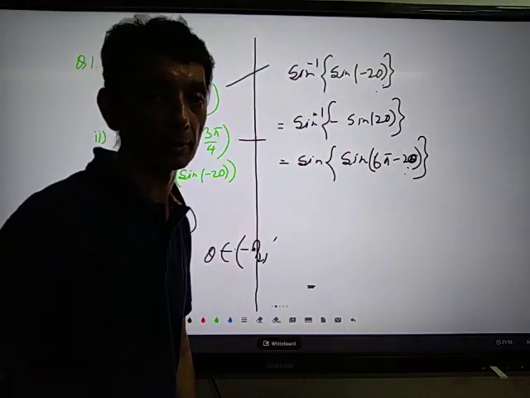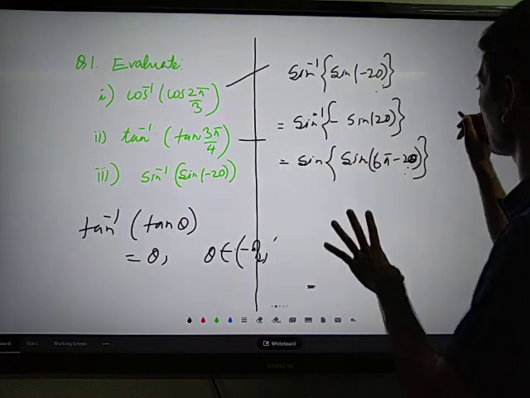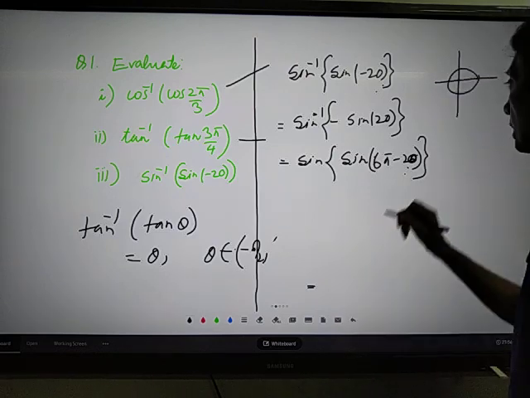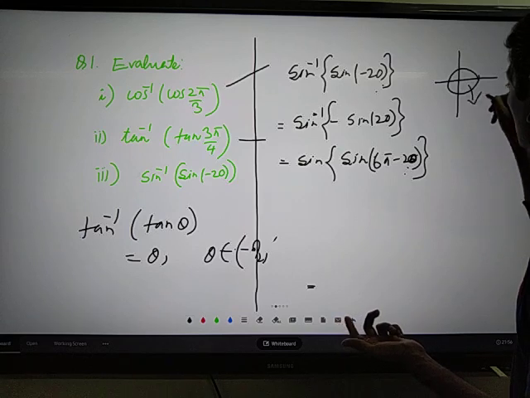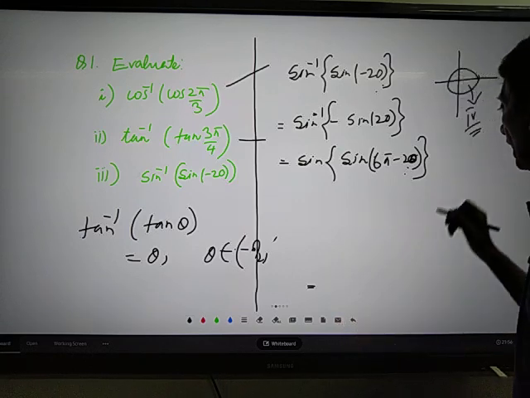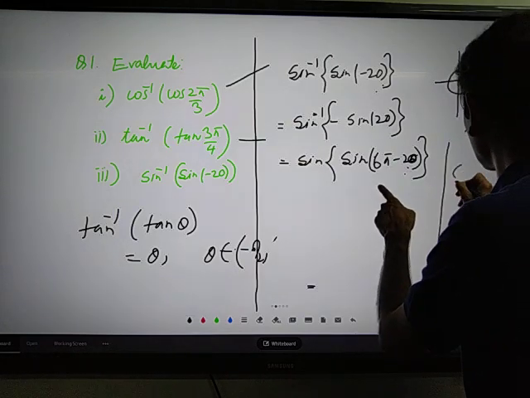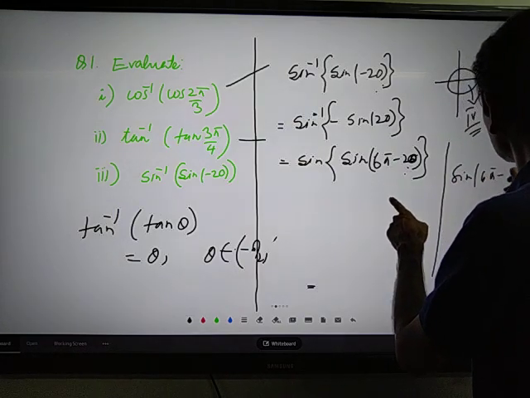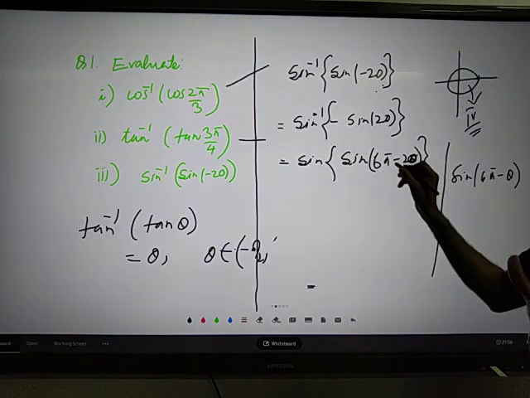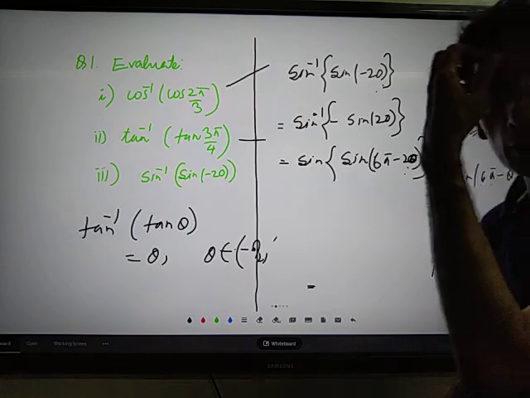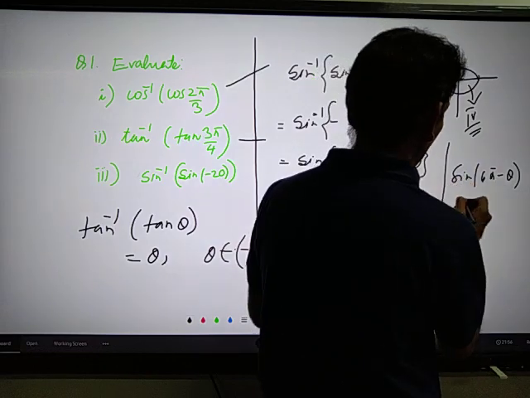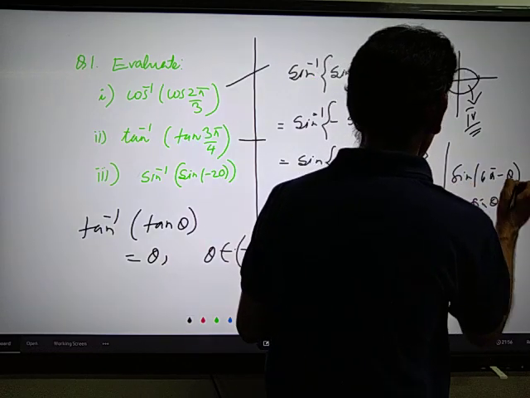Now, what is 6 pi minus theta? 6 pi minus theta will be in the 4th quadrant. And what is sine of 6 pi minus theta? You might be thinking why I am taking 6 pi minus 20. I'll explain. Obviously, sine of 6 pi minus theta is equal to minus sine theta.